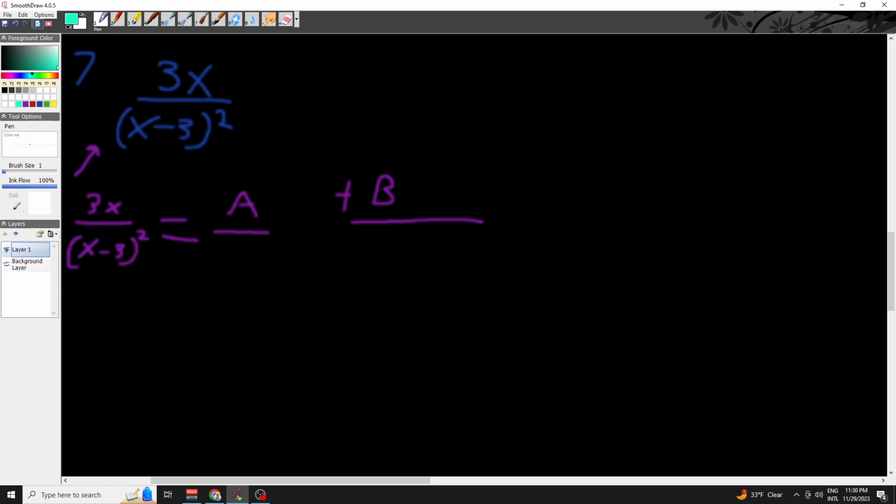Hypothetical color. If I had 1 over x minus 1 cubed, it would be equal to a plus b plus c.